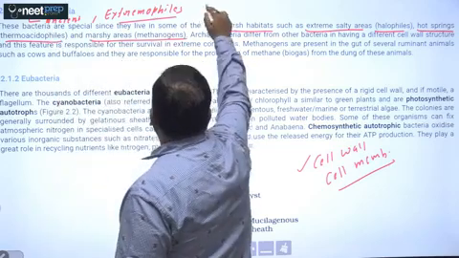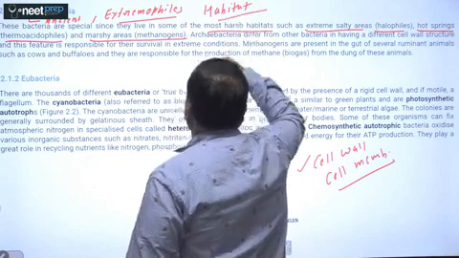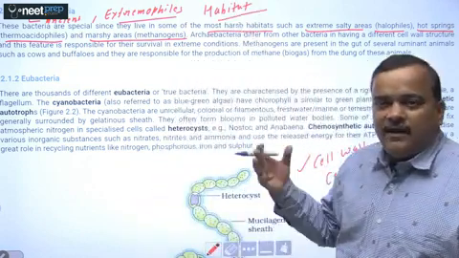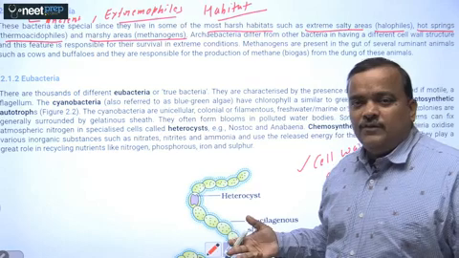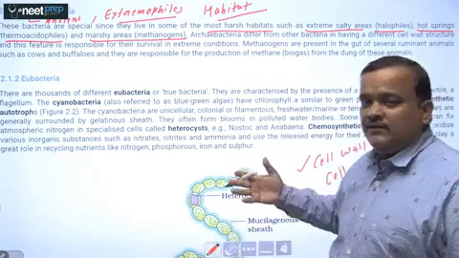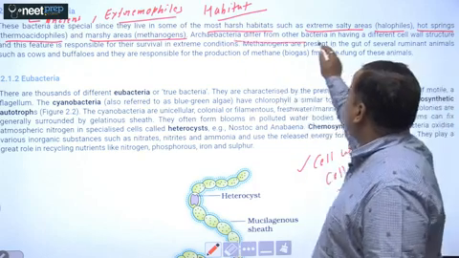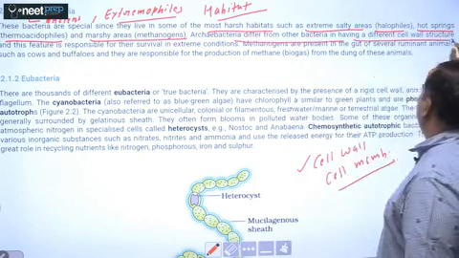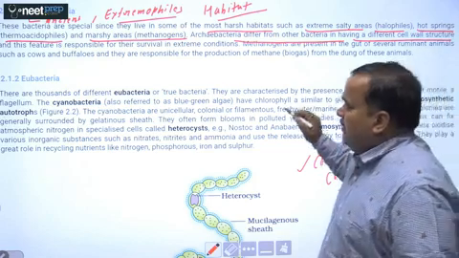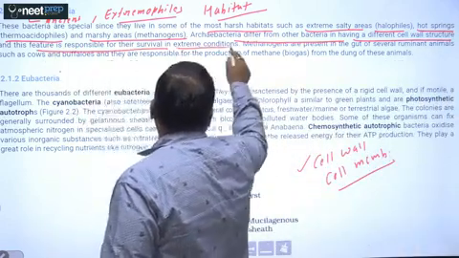That means on the basis of their habitat, we divide them into three different types: halophiles in salt, thermoacidophiles in high temperature and acidic condition, and methanogens in marshy areas. Archaebacteria differ from other bacteria in having a different cell wall structure, and this feature is responsible for their survival in extreme conditions.